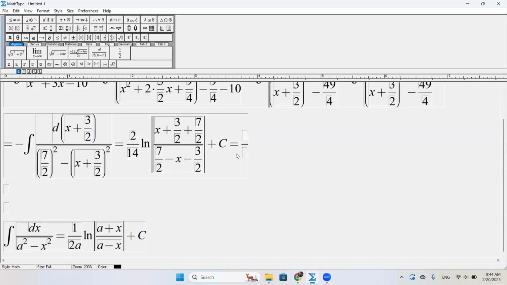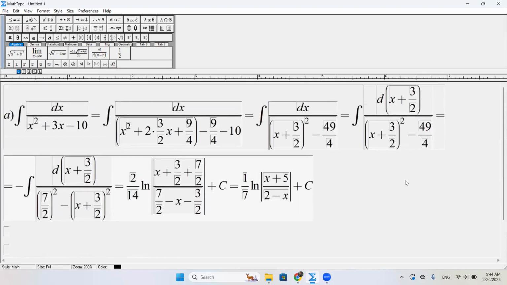So 1 over 7 logarithm of, here 10 over 2, so x plus 5, and here 7 over 2 minus 3 over 2, so 2 minus x, plus c.